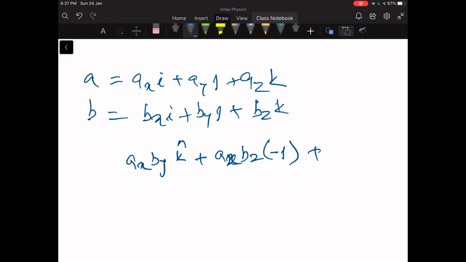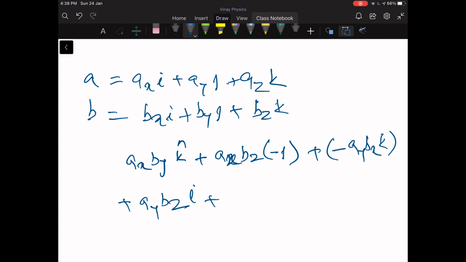Similarly, we take AY: j cross i will be minus k, so we can say minus AY BX k. Then AY BY will be 0, and AY BZ is j cross k, so the resultant will be i. So we can say AY BZ i.